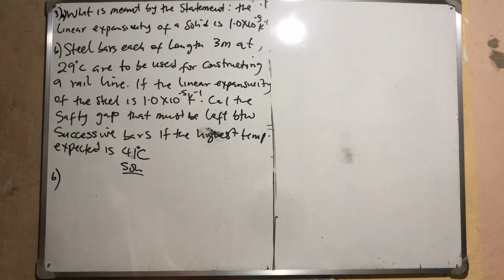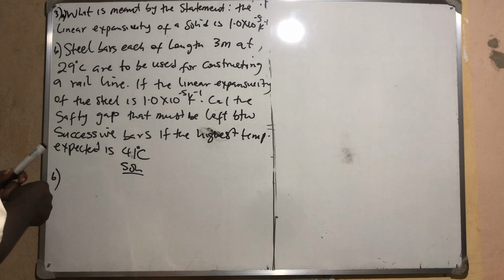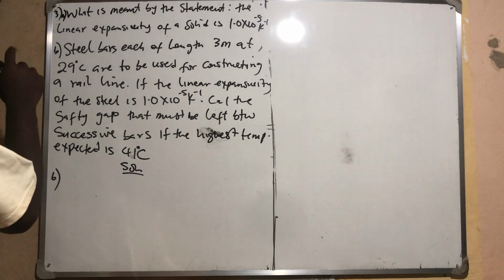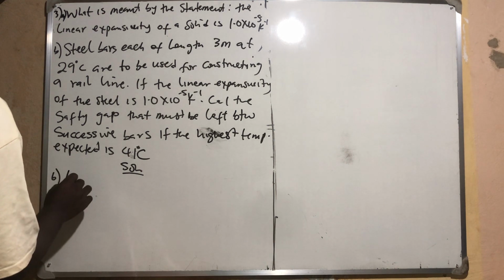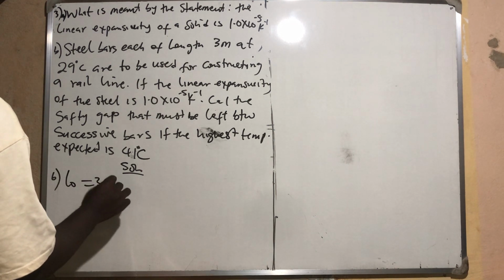Then for the second one, they say we should calculate the gap. The gap simply means the increase, that is the change in the length. So what did they give us? The original length is 3 meters.